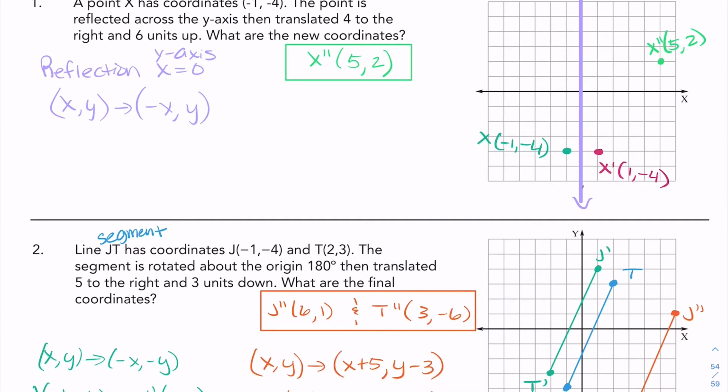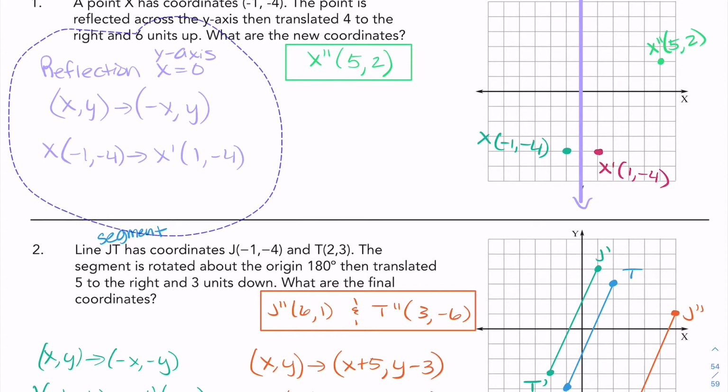And so X went from -1, -4 to X prime at 1, -4.